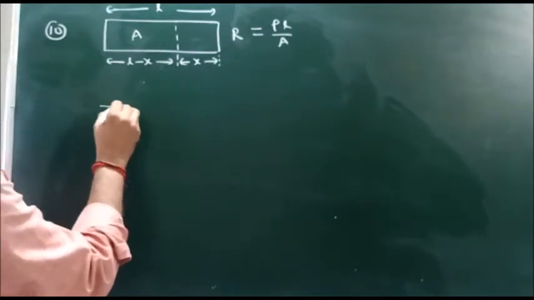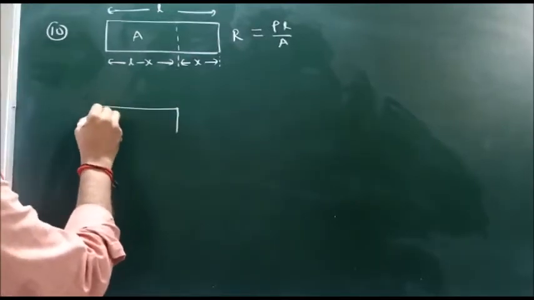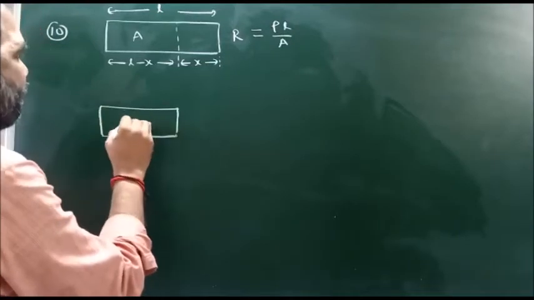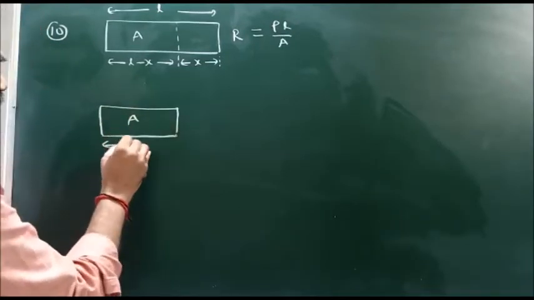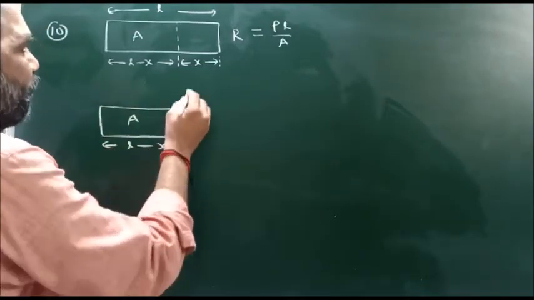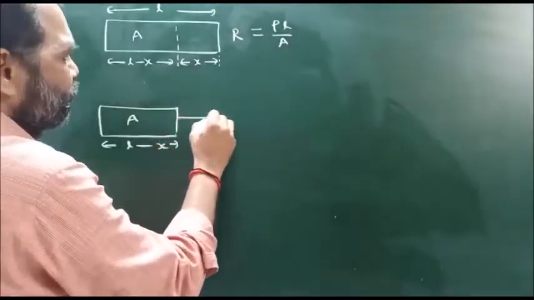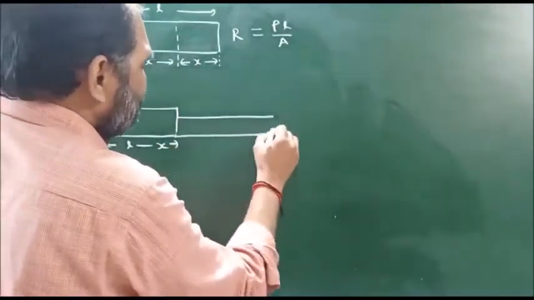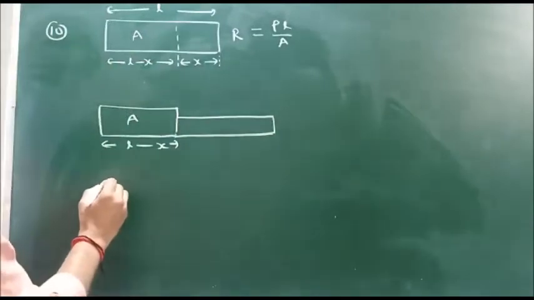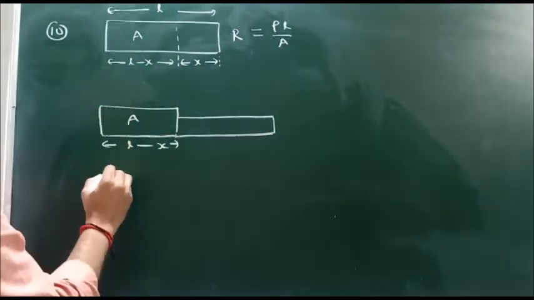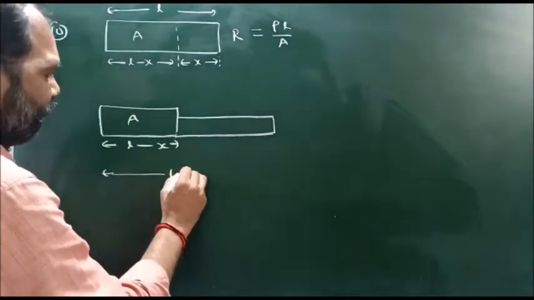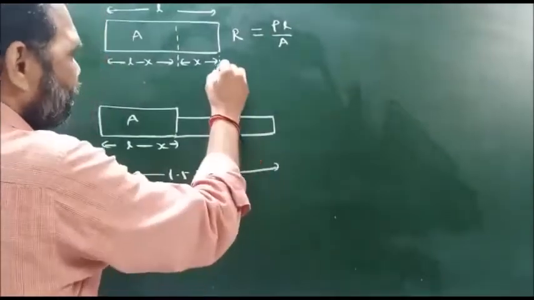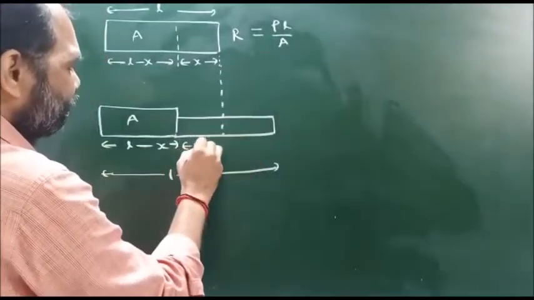That means the remaining part of length L minus X was unstretched. That's why its area is the same, it is A. Now the part of length X was stretched such that the total length of the wire becomes 1.5 L.